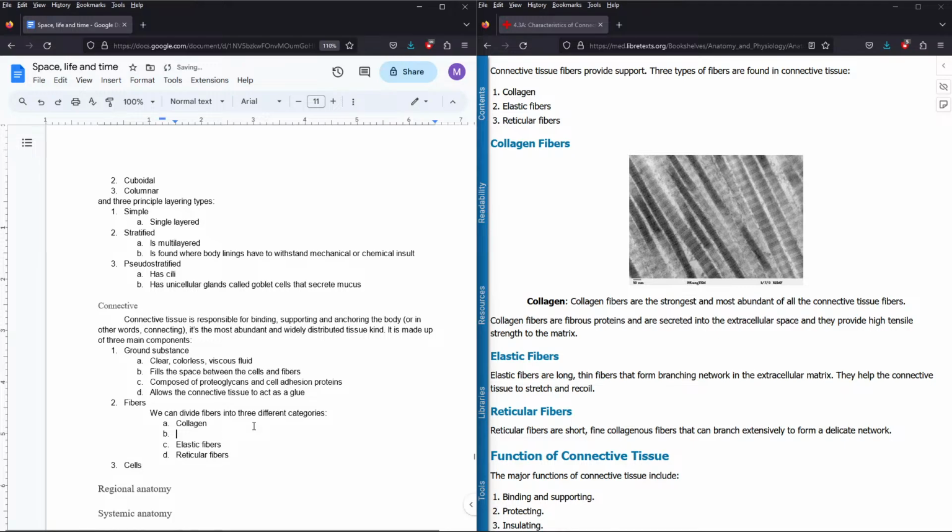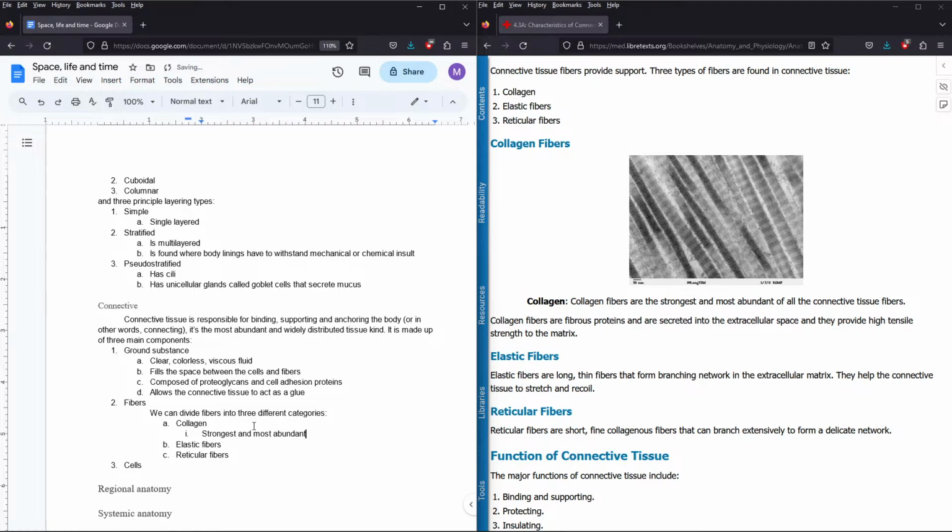So collagen first. Strongest and most abundant. Fibrous proteins are secreted into the extracellular space and they provide high tensile strength. Okay, so that's it.